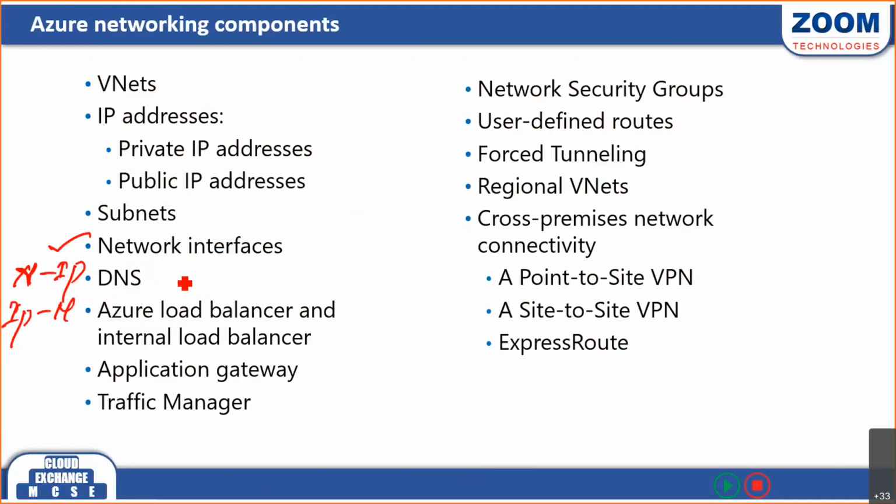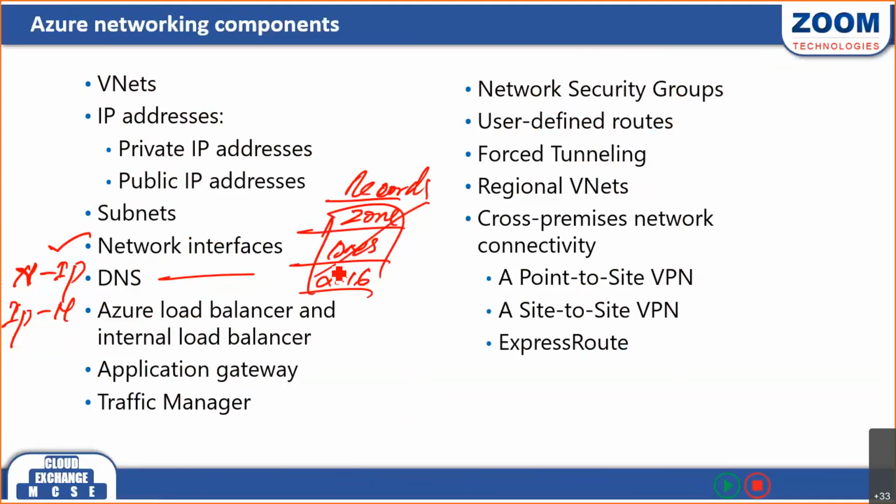And to configure a DNS server in our organization, we require one machine, right? In this machine, we require an OS, we require the DNS service, then we require zones, then we require records. We require this many things. But Microsoft Azure avoids all these things.